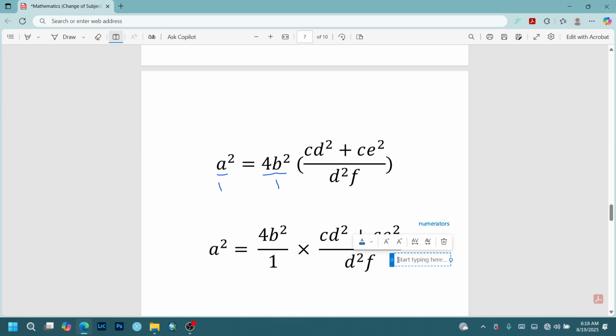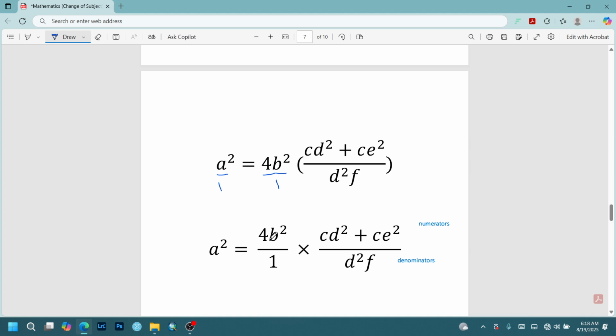The numerators vertically multiply themselves, and the denominators vertically multiply themselves.